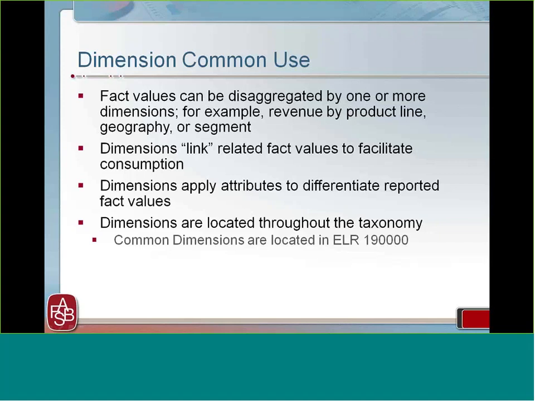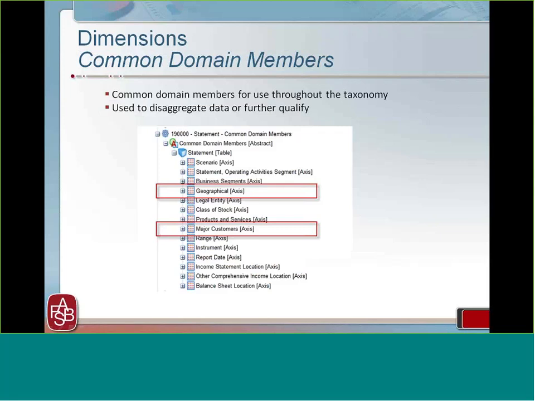Dimensions are located throughout the taxonomy, but we have some common dimensions, as we think of them, located in extended link rule 194, and an example of some of those are here. And so we can see major customers, geography axis, and so on.